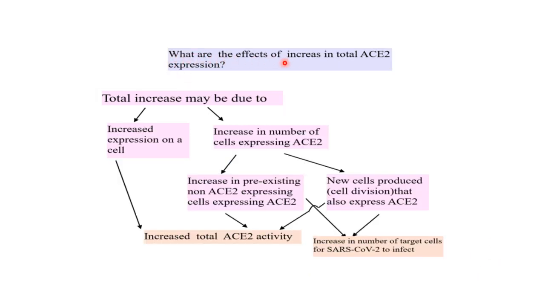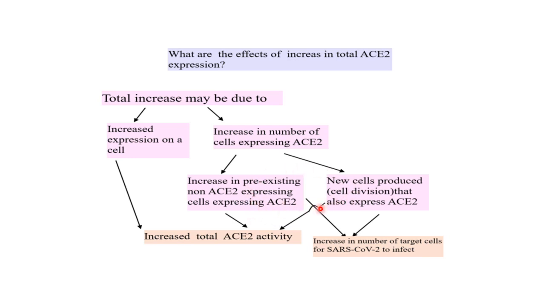What are the effects of increase in total ACE2 expression? Total increase may be due to increased expression on a cell, or increase in number of cells expressing ACE2. This could be pre-existing non-ACE2 expressing cells expressing ACE2, or new cells produced that also express ACE2.